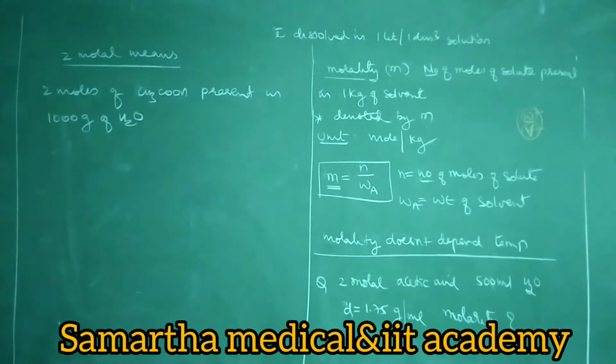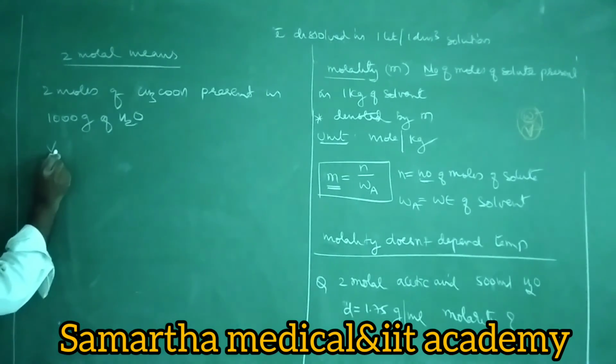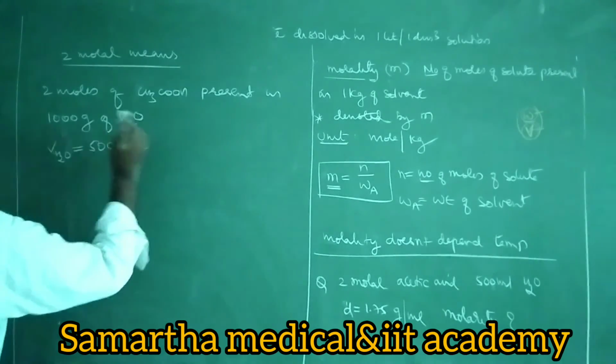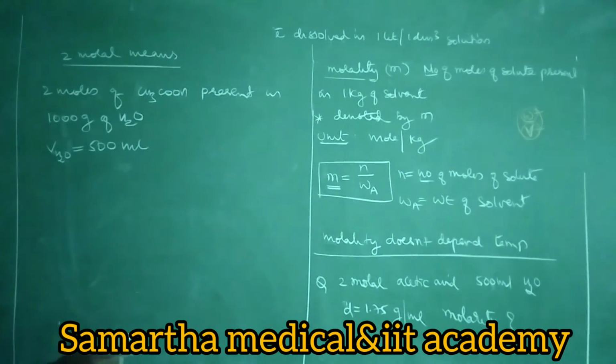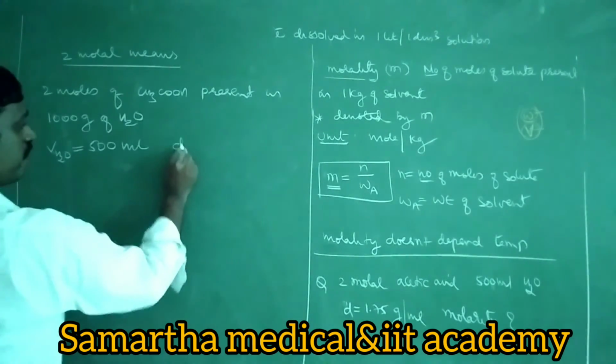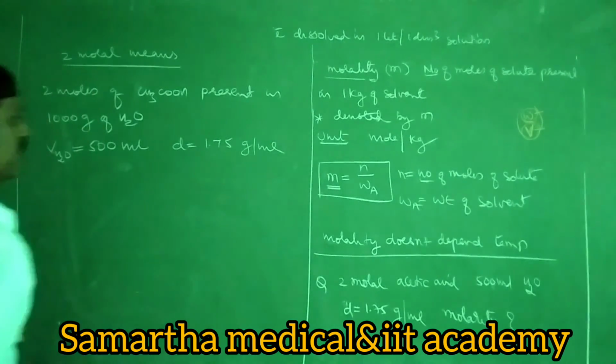Now, volume of water given is 500 milliliter, and density of the solution also given, it is 1.75 grams per milliliter.